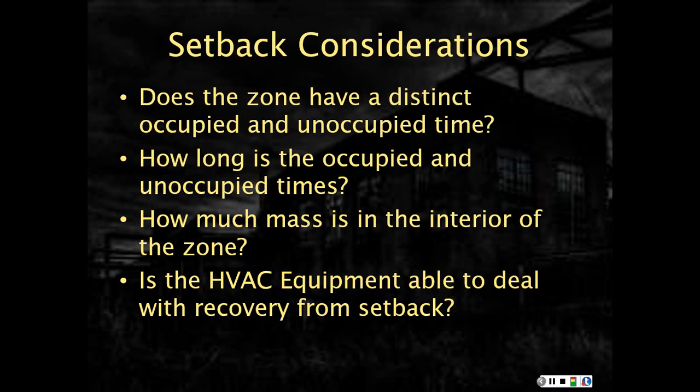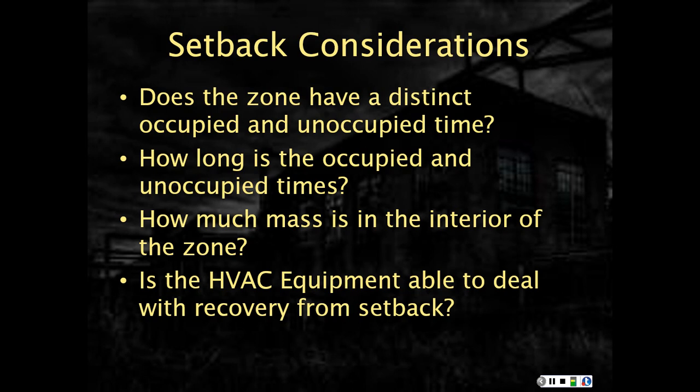The next consideration: how much mass is in the interior of the zone? And when I'm talking mass, I'm talking about things that are large and heavy. They're made out of large quantities of metal or masonry product: chimneys, granite countertopping, large industrial machinery, anything that takes a long time to either heat up or cool down.